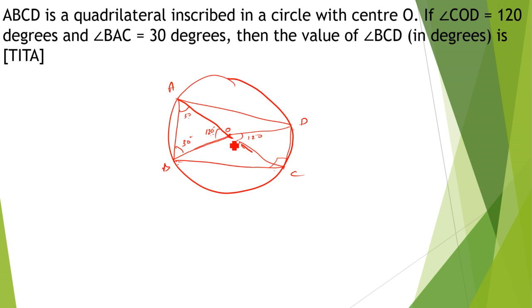So if this is 120, then this angle will be 60 according to the linear pair property, as a straight line subtends a 180 degree angle. So if this is 60 and these two sides OB and OC are equal, these two angles are equal and the remaining 120 degrees will get divided equally, so it will be 60, 60.